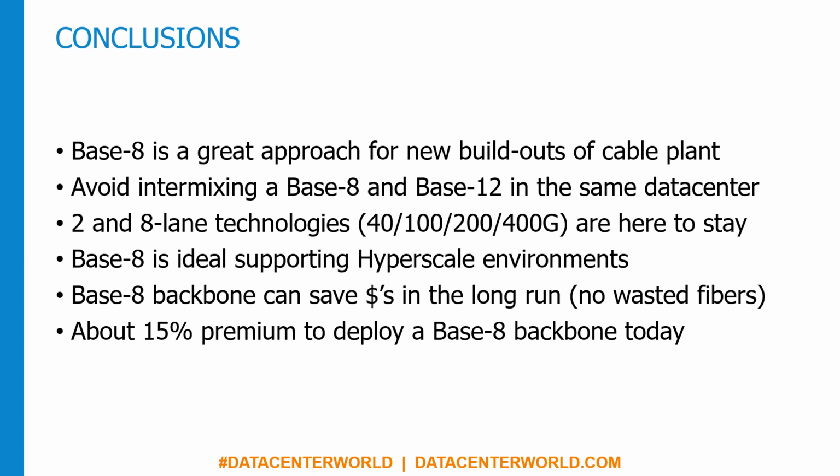Base 8 is certainly ideal to support these growing hyperscale environments, and base 8 can actually save you money in the long run by not wasting fibers across your backbone. But it will cost you about a 15% premium to have these benefits if you were to deploy a base 8 fiber backbone today.